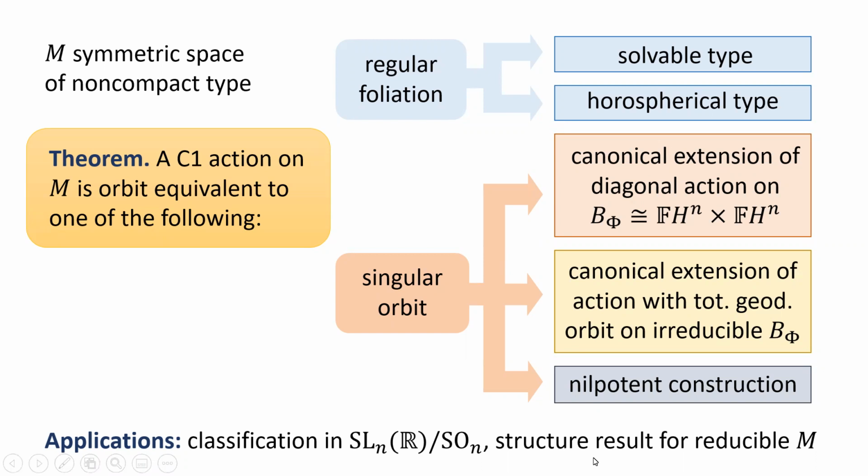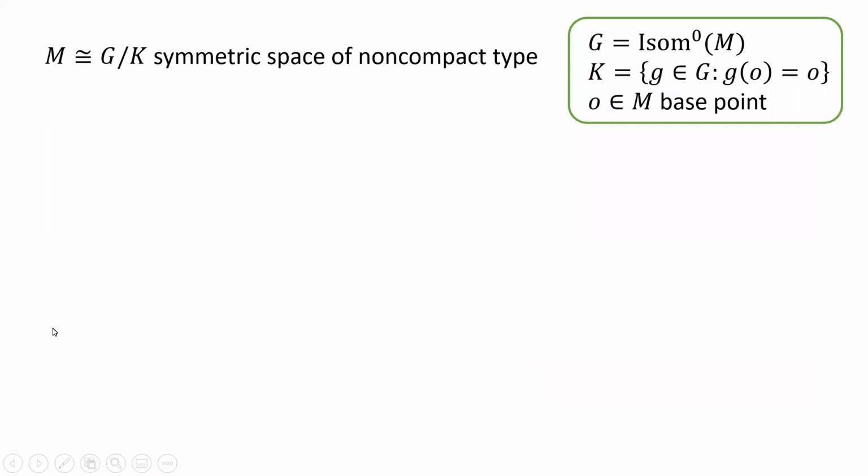And we also get a result that allows us to reduce the classification problem on a reducible symmetric space to understanding the actions on each one of the irreducible factors of such reducible symmetric space. Good. So let me fix some notation.